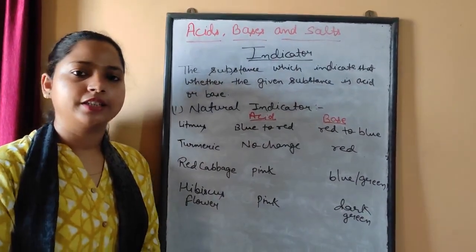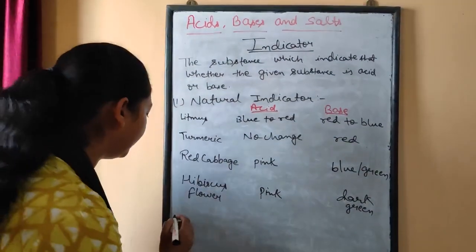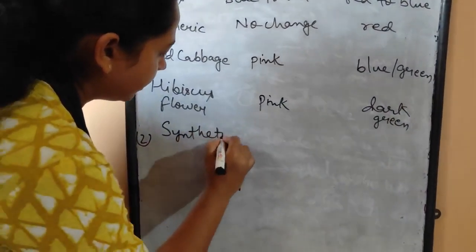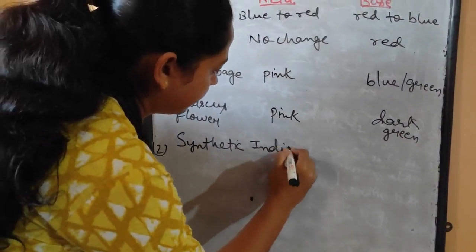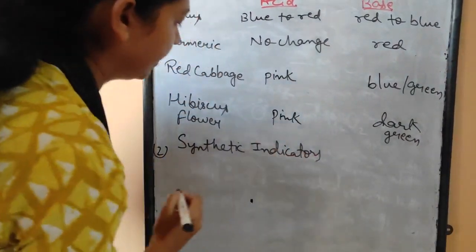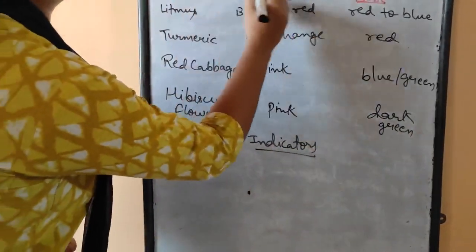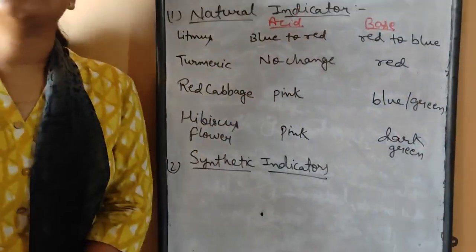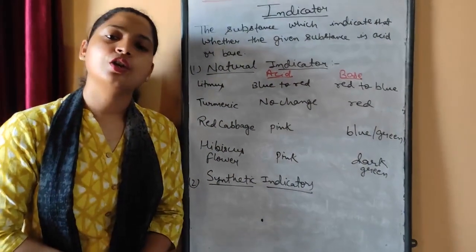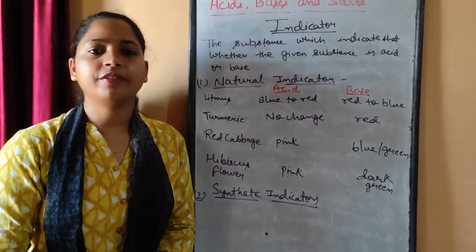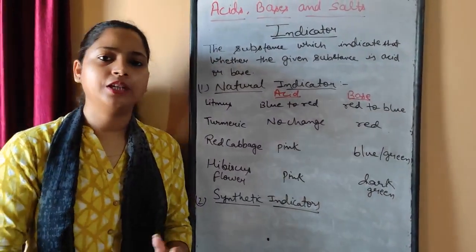Now, the second type of indicator is synthetic indicators. Now, what are synthetic indicators? Synthetic indicators are those indicators which are not naturally occurring, or which are prepared in the factories or in the lab by human beings.